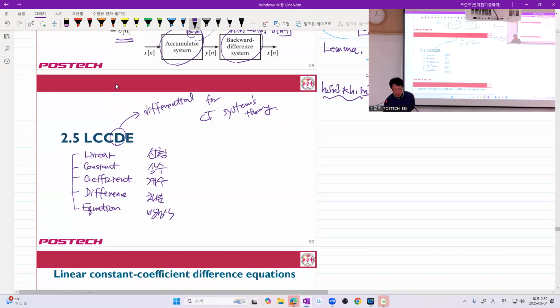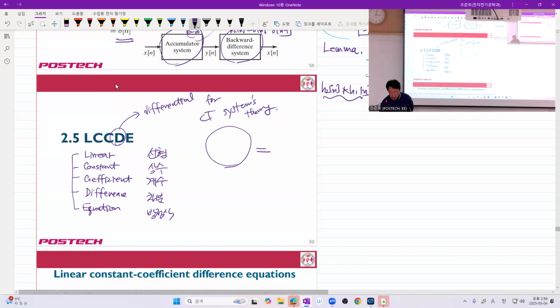And what does this mean? Similar to a differential equation, suppose you have two signals, say x and y. But here we are handling two discrete time signals.